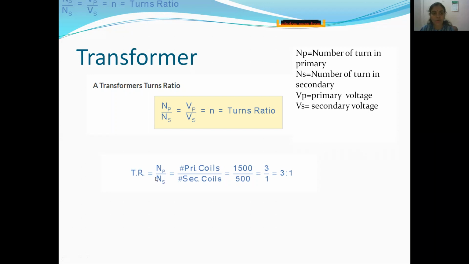As the ratio moves from a larger number on the left to a smaller number on the right, the primary voltage is therefore stepped down in value as shown. Okay, this is the TR, the turn ratio.